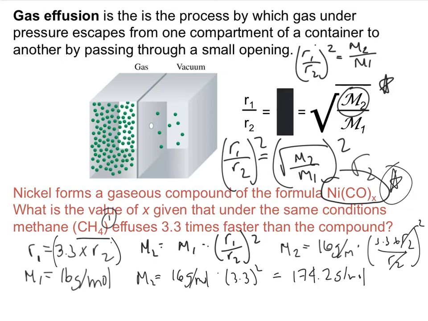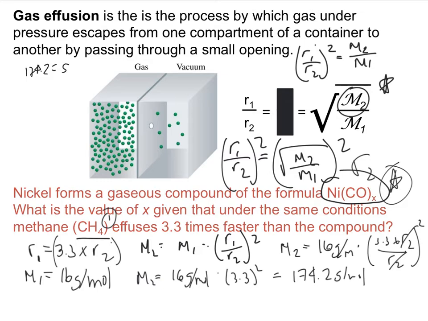To figure out what x is, we're going to consider the masses that we do know in the compound of the NiCO gas. We take the known molar mass that we just calculated of the total NiCO complex, and we set that equal to what we know from the unit.